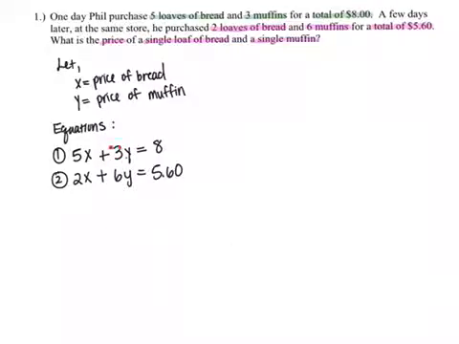So if I multiply this equation by negative 2, I get a negative 6y. So that's what I'm going to go ahead and do. I'm going to multiply the top equation by negative 2.